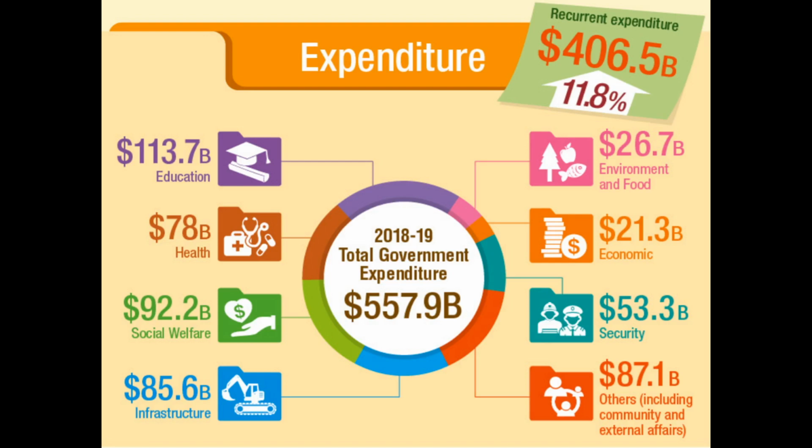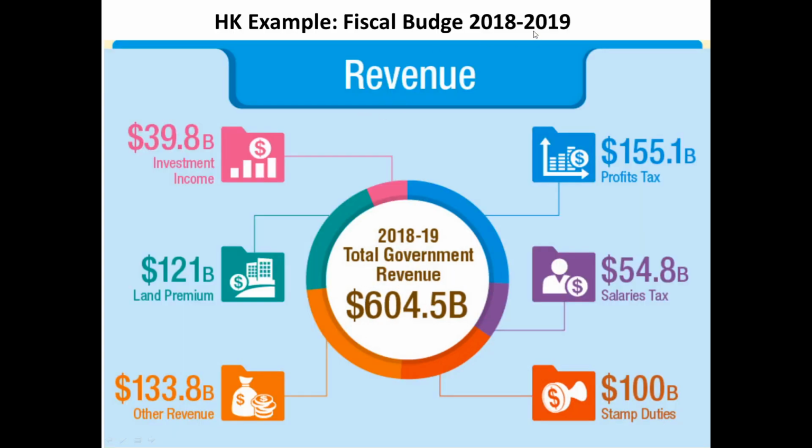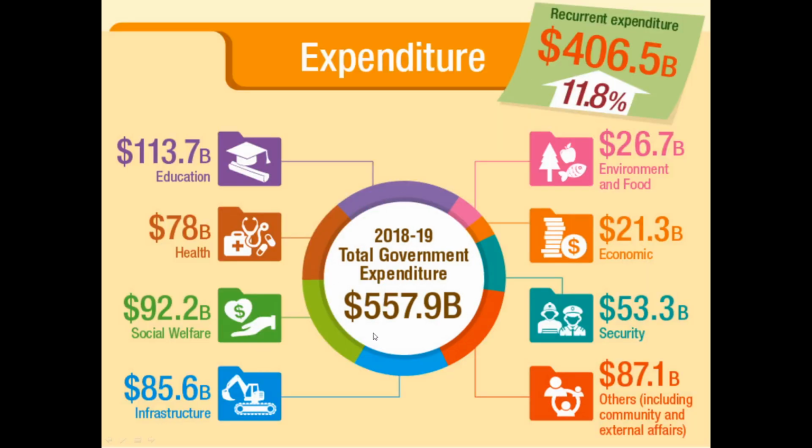You can see the proportion of different areas that they spend every year. Education, they do spend a lot of money in education. What else? Infrastructure, I think so. When you talk about 2018 and 19 in Hong Kong, they still have a lot of construction work going on, so it makes sense, right?